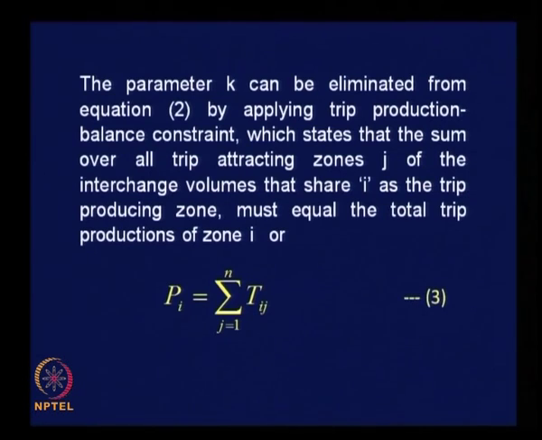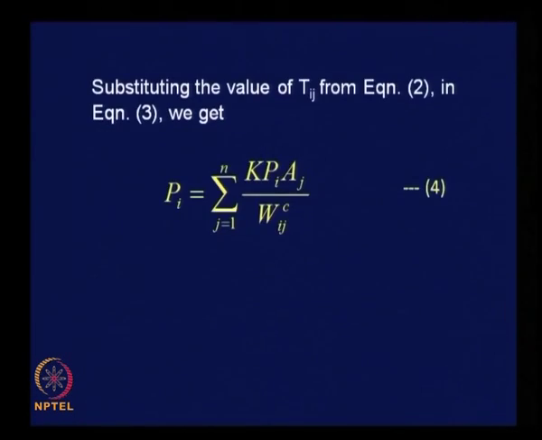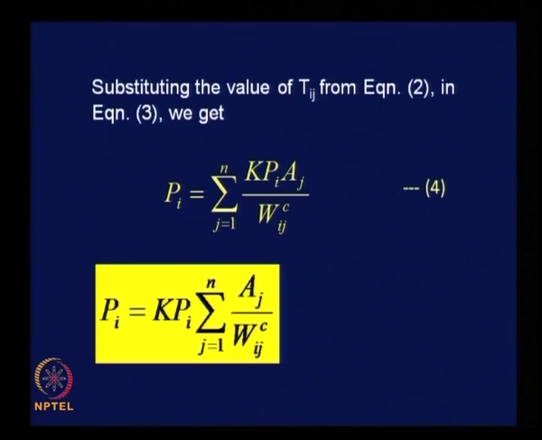We simply substitute that value instead of Tij in this equation, and you get this form. Pi becomes sigma j equal to 1 to n k times Pi Aj divided by Wij raised to power c. Let us call this equation 4, and we can simplify this.